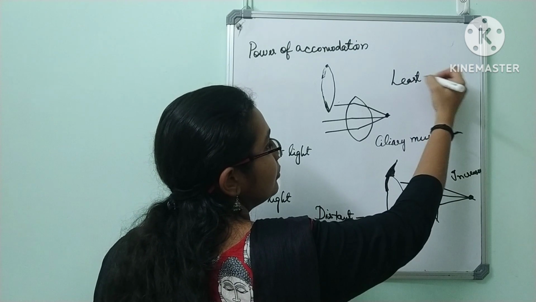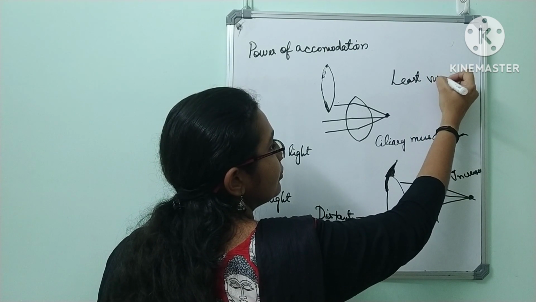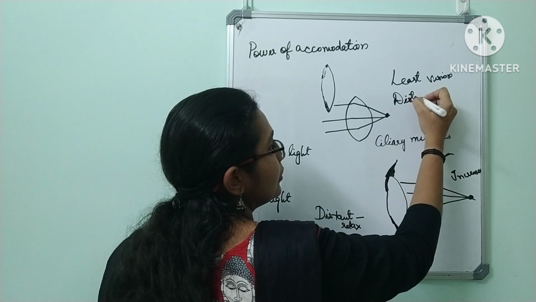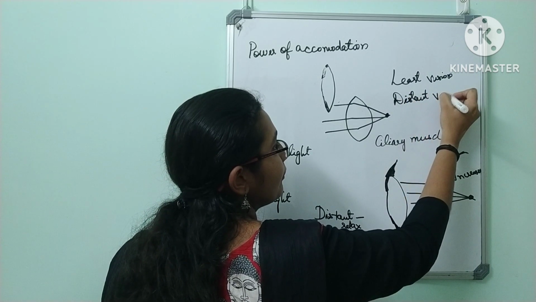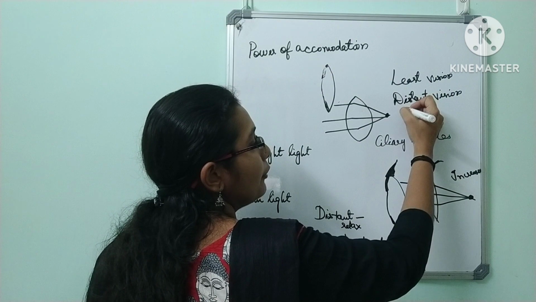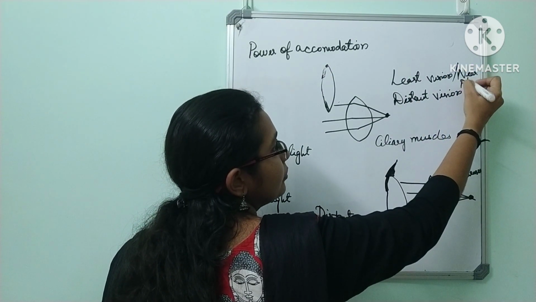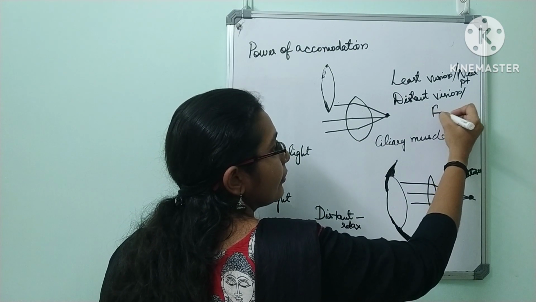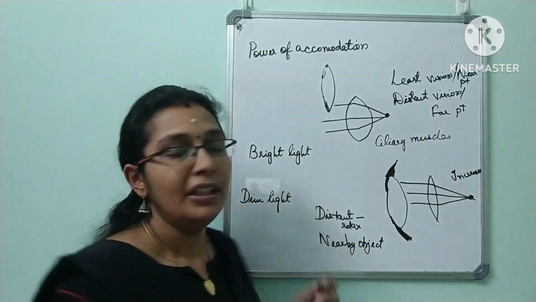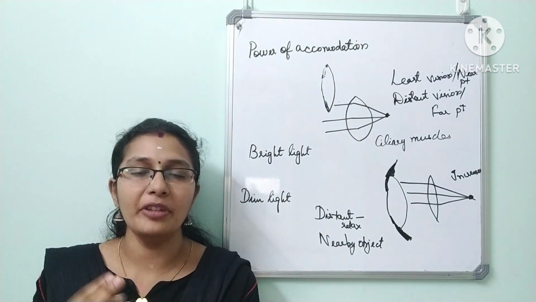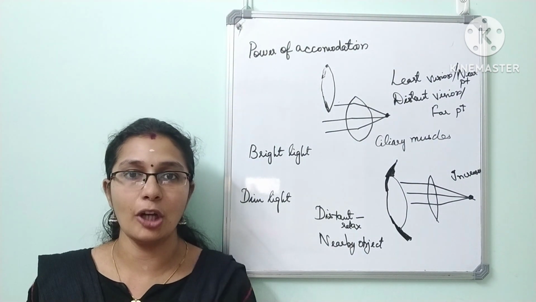Then we have least distance of distinct vision, far point or near point. Okay. Near point is nothing but the minimum distance up to which our eye lens is able to see objects clearly.